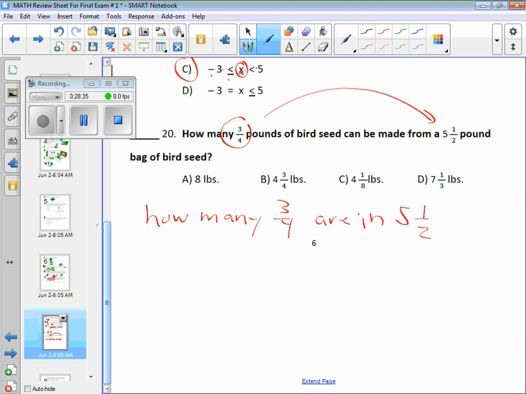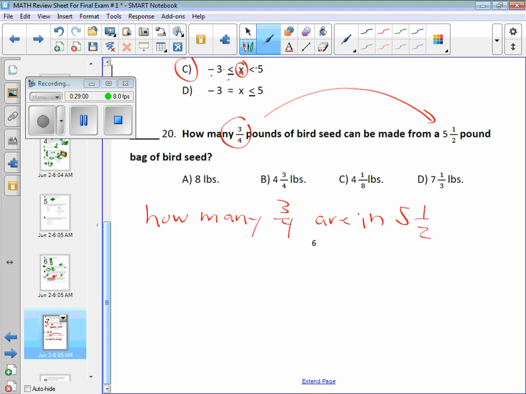Because 5 and 1/2 as... Okay, don't do that yet. Just give it to me from here. I want to make it as a straight division expression. Yes, it's not 3/4 divided by 5.5.